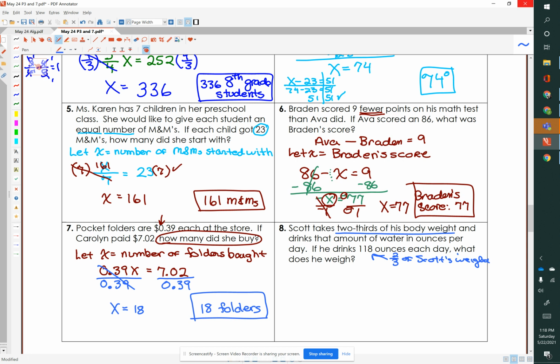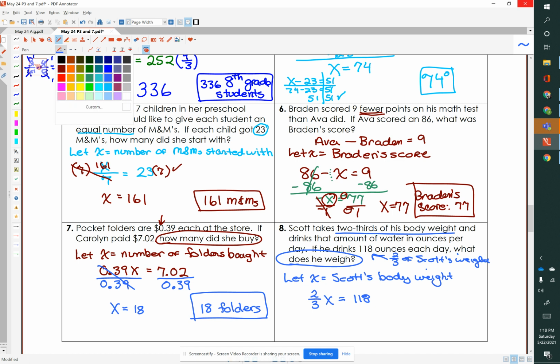So we want to find out how much does he weigh. So we're going to let x equal his full body weight. All right, so if he drinks 118 ounces and that 118 ounces represents 2/3 of his weight, we can say 2/3 times x, whatever his weight is, equals 118.